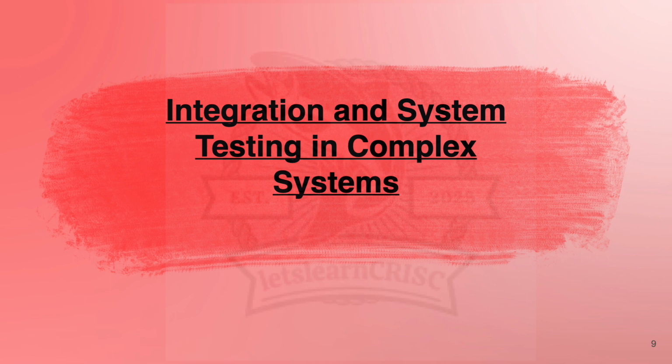And this includes testing interfaces and overall operational capability. Friends, system testing is important for identifying any integration problems and ensuring that the system functions seamlessly with upstream and downstream peers.